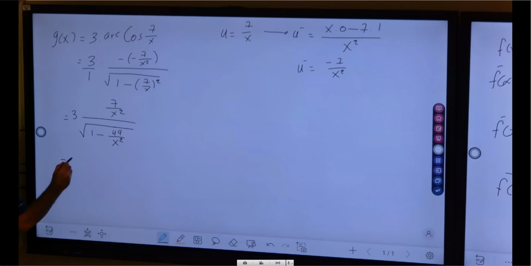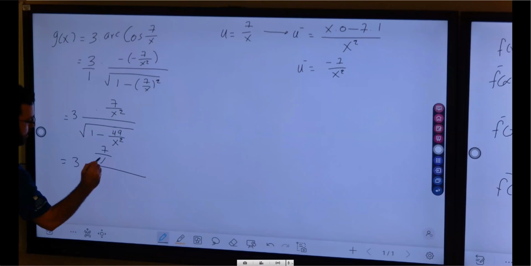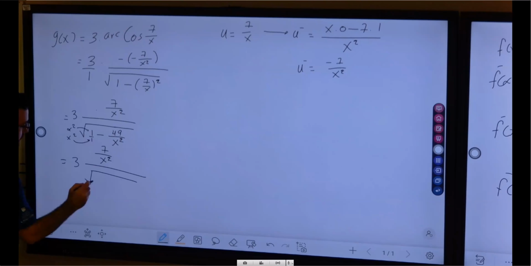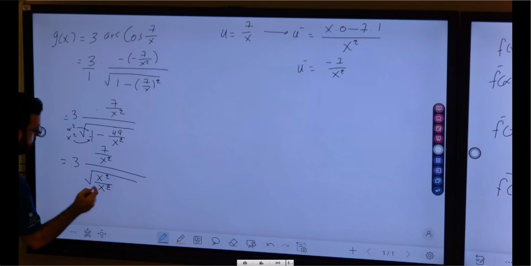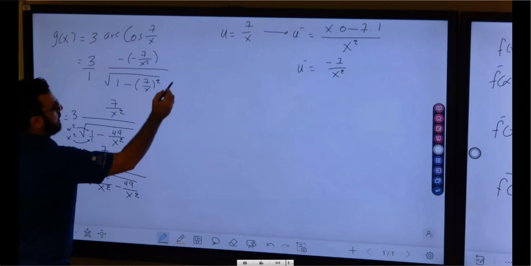That's the 3, this is 7 over x squared, and here is the square root, multiply here, this is over 1, by x squared. Multiply inside, that means it's going to be x squared over x squared, which is equal to 1 minus 49 over x squared. Is that cool?